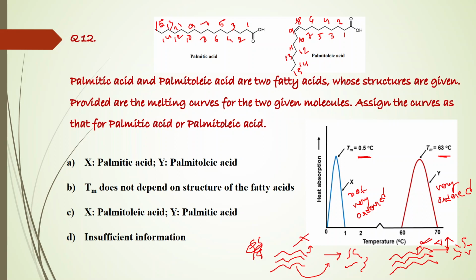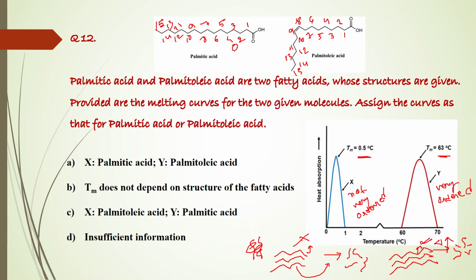But if you look at palmitic acid, it has no double bonds. That means there is no kink present in the structure. It can very nicely arrange this hydrophobic chain one after another, which can lead to high crystallinity. But in case of palmitoleic acid, there is a double bond, and due to the cis configuration of this double bond, there is a kink in the structure.